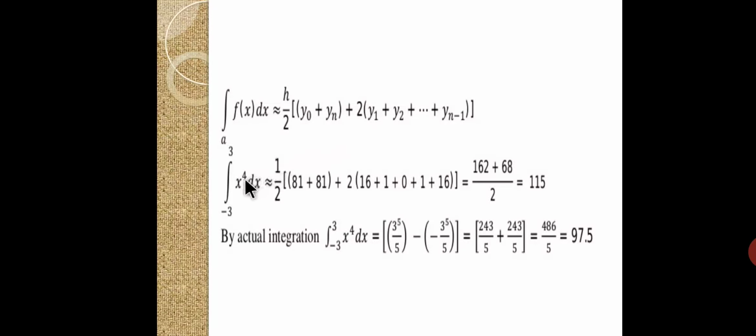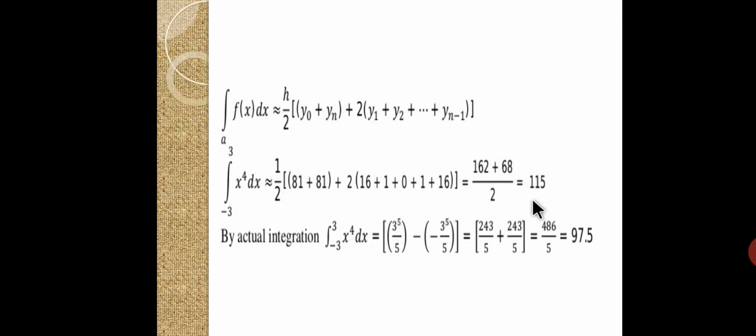So here the integral from minus 3 to 3 of x power 4 dx is equal to h by 2, that is 1 by 2, times y0 value 81 plus yn, the last ordinate, 81, plus 2 times the remaining ordinates: 16 plus 1 plus 0 plus 1 plus 16. We simplify this part and we get the value 115.